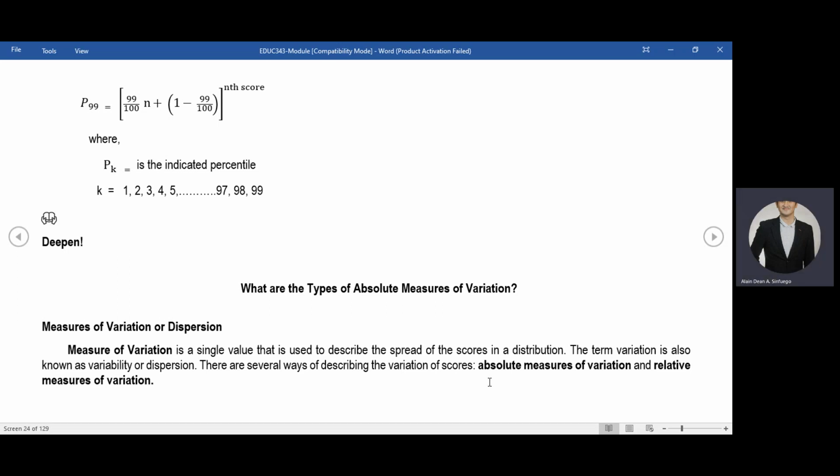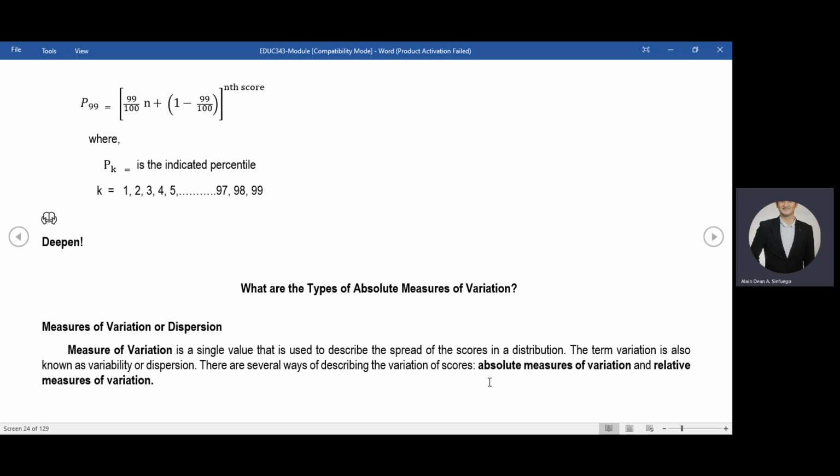Now, moving on, we have the types of absolute measures of variation. When we say measures of variation, other sources call it measures of dispersion. Now, a measure of variation is a single value that is used to describe the spread of the scores in a distribution.